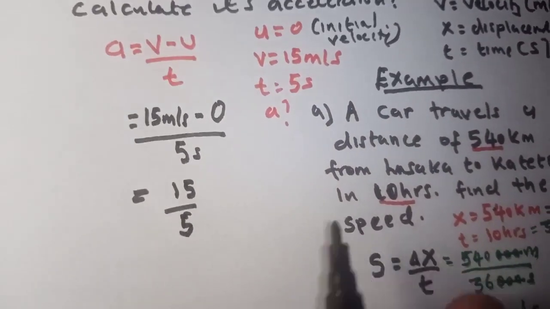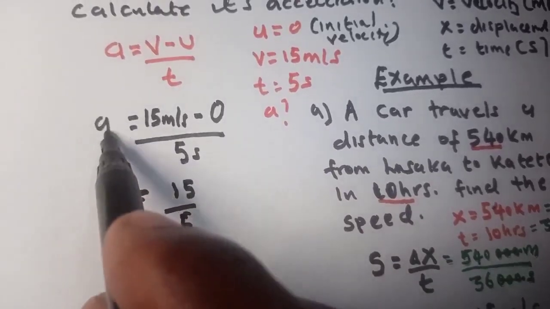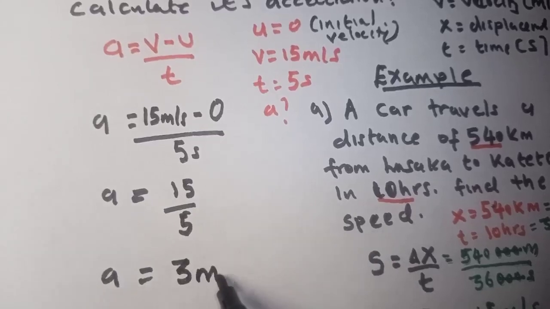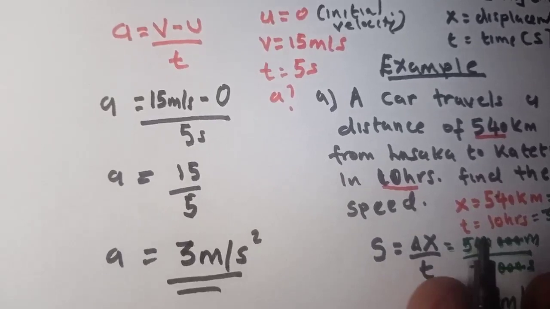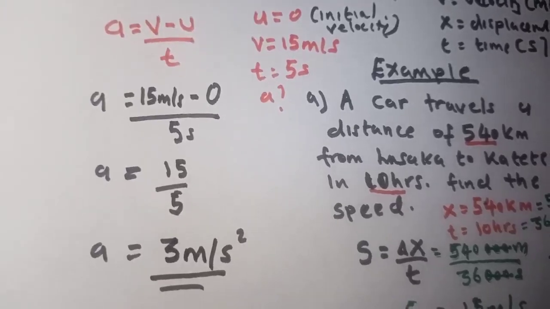So 15 divided by 5, we get 3. So acceleration is 3. What are the SI units for acceleration? Meters per second squared. This is the unit for acceleration. Okay, so that is the example.